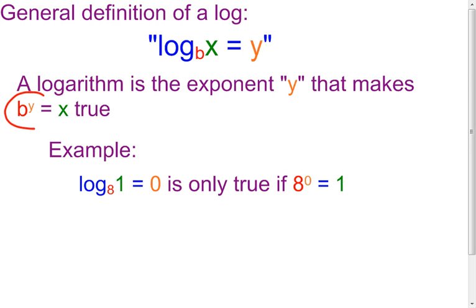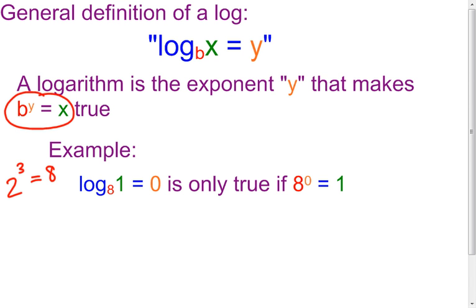So this is what it looks like in exponential form. You have a number to the y power. Let's say you had 2 to the third power. Well, we know that 2 to the third equals 8, right? This is exponential form.